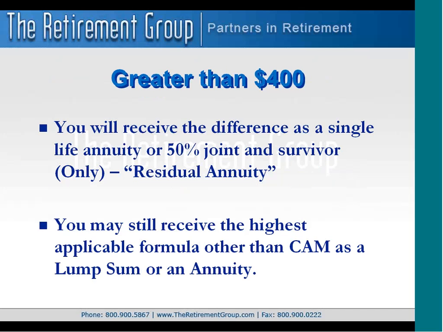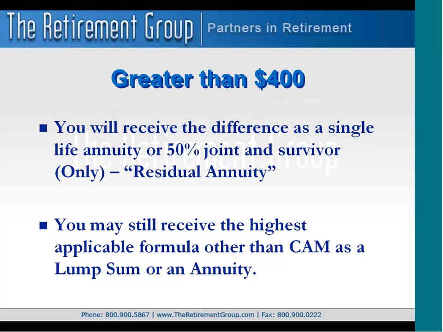Unfortunately, if it is greater than $400, they are only going to receive a partial lump sum, which is actually the second highest benefiting lump sum. And then they're going to get a monthly check of the residual, or the difference between the 2 annuity payments.